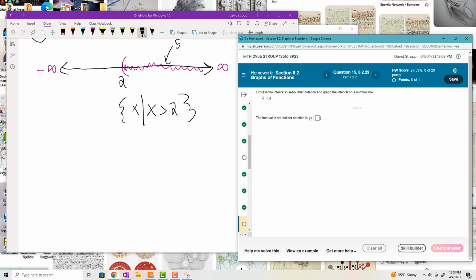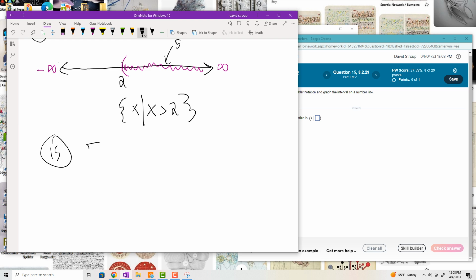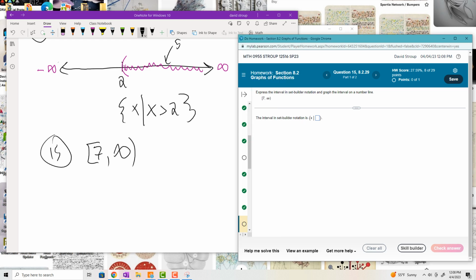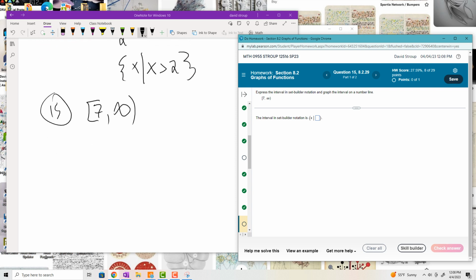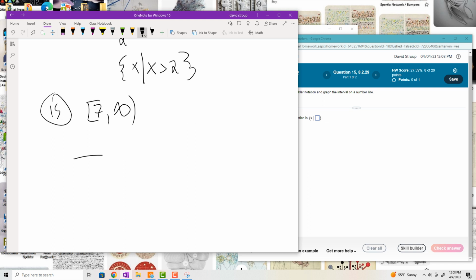7 to infinity this time, so number 15. This time we include 7. Last time it would be like including 2. You know, we didn't include it last time, but now we include that left endpoint. So on the number line, it's all things that are bigger than 7, right? So we indicate that with a bracket, and then like the number 9, the number 10, anything all the way up to infinity.